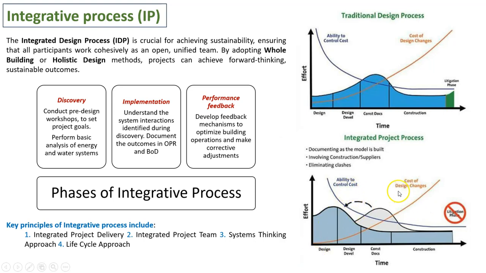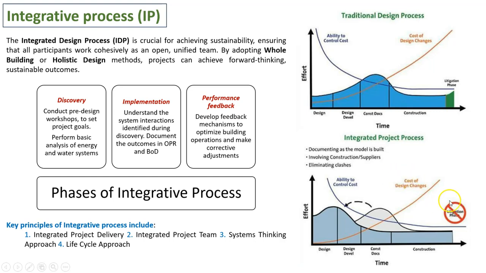So you can understand that the cost of design changes and the ability to control cost are quite adjustable or achievable if you are following an integrated project-based process. Documenting as the model is built, involving constructors and other suppliers, eliminating the clashes.